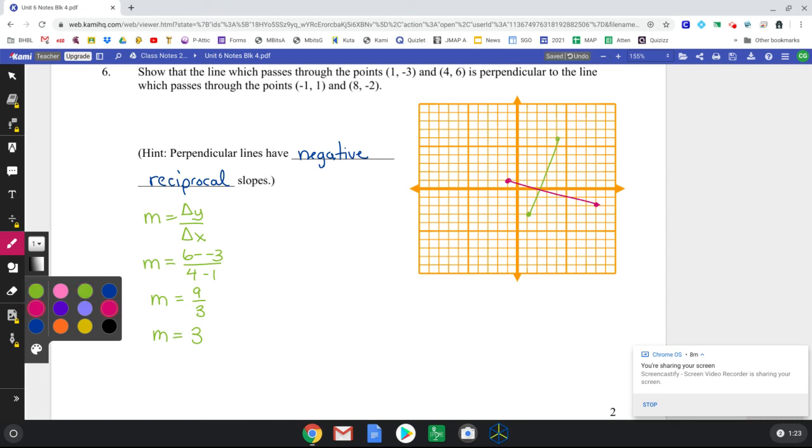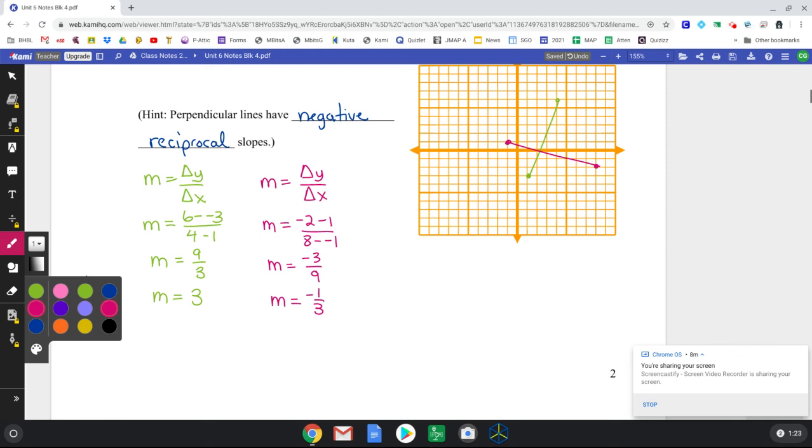If I take a look at my second one, my change in y over my change in x: -2 minus 1 over 8 minus -1. So we've got -3 over 9. Now it's very important that we reduce our fraction. So now that we see that my two lines have negative reciprocal slopes, therefore my lines are perpendicular to each other.